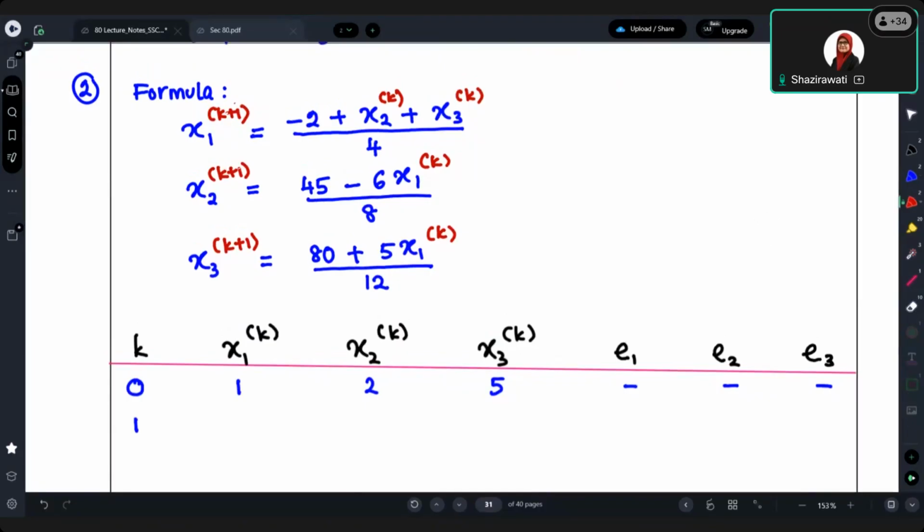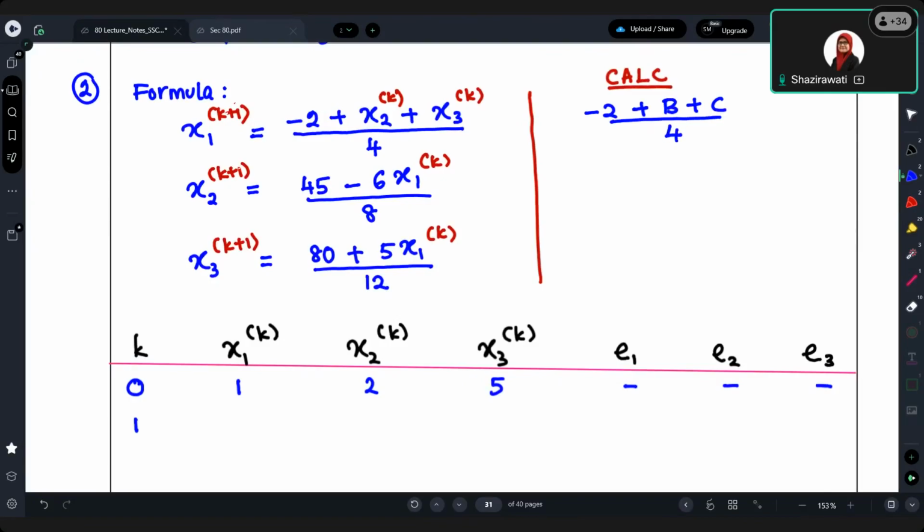Okay. So kita assume sekarang ini kat sini. Okay, ini setting dalam calculator kita. So dalam calculator, formula yang pertama kita masukkan -2 plus, katalah X1 kita akan pakai A, X2 kita pakai B, X3 kita pakai C. So -2 plus B plus C over 4.